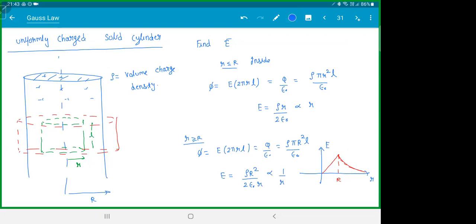Please check the hollow sphere and solid sphere results. Clear with this?